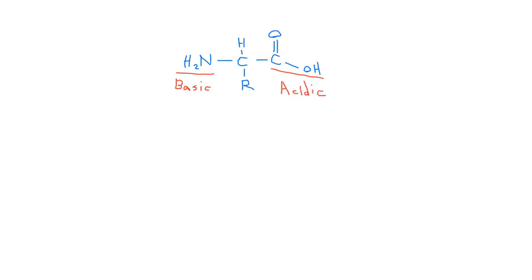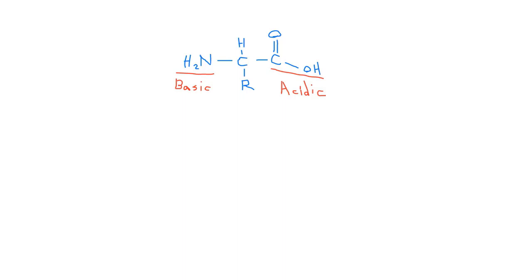And so it turns out that you don't usually see amino acids in this form because the acidic group and the basic group tend to interact with one another. Usually what happens is the acidic group loses its hydrogen and the basic group gains the hydrogen. So amino acids are rarely, if ever, found in this form that I've shown you here.